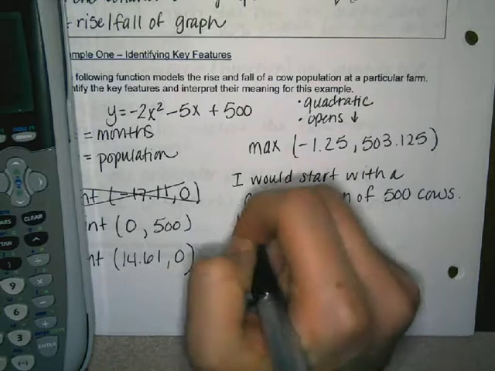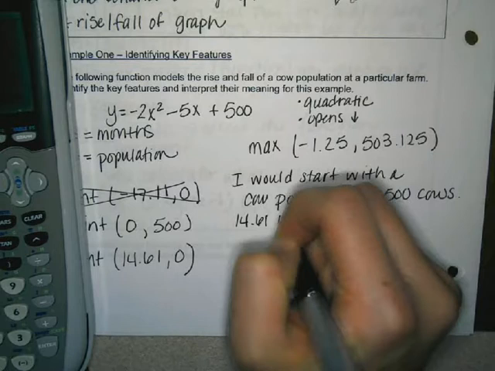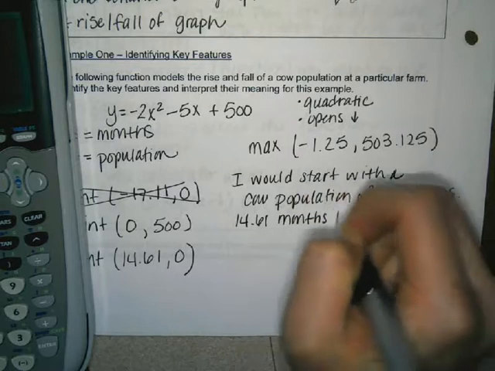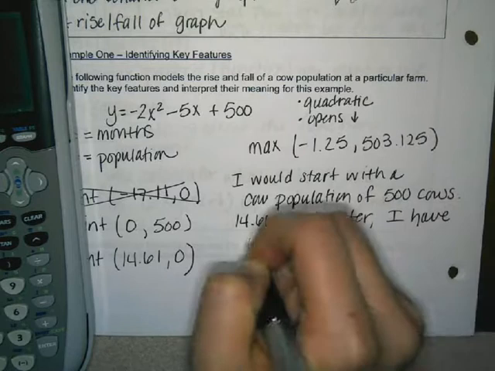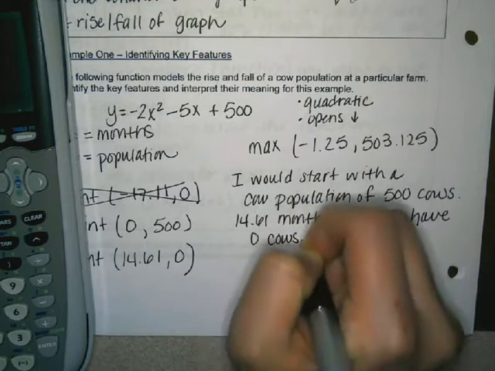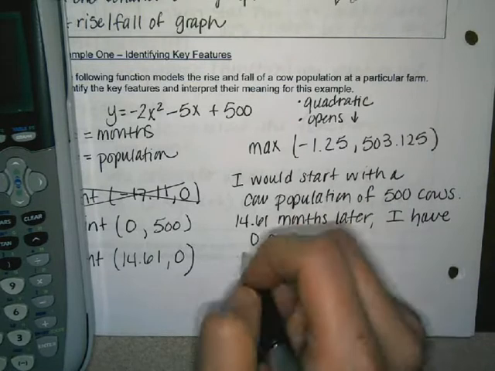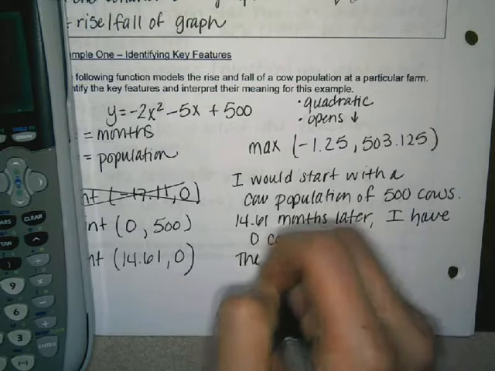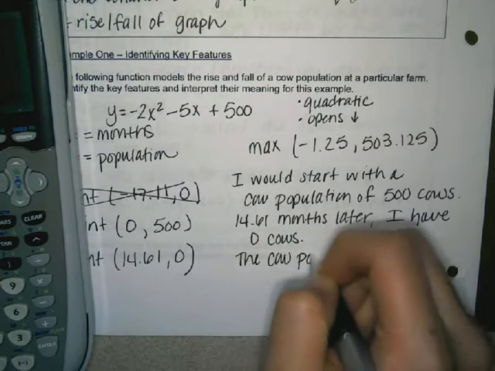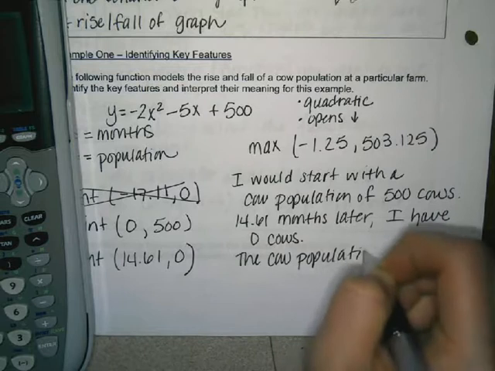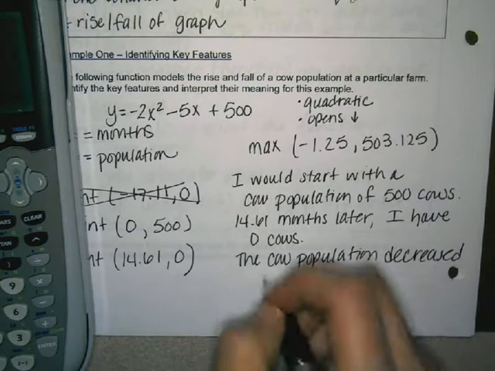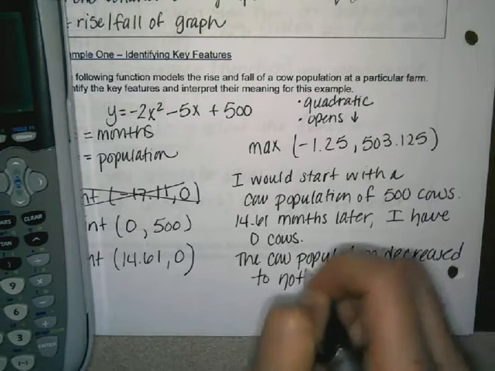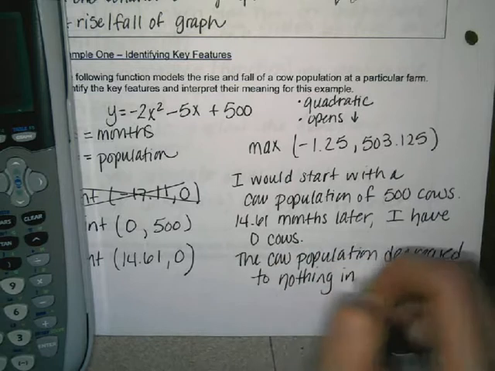So 14.61 months later, I have 0 cows. Okay. So the cow population decreased to nothing in a little over a year.